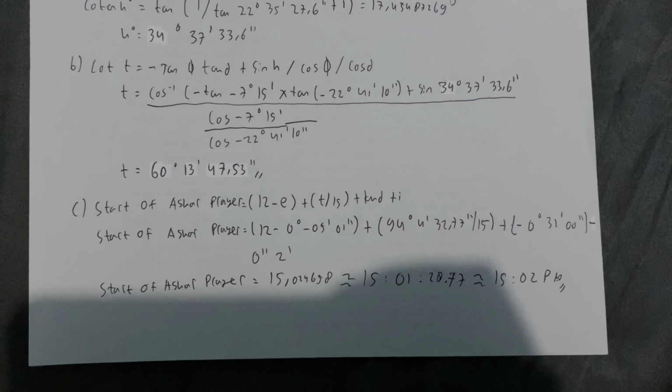So based on the calculation between the Sundial method and the Falaksari method, we can conclude that in Surabaya on the 4th of January 2022, the Zuhur prayer starts at 11:35 AM and the Asar prayer starts at 3:02 PM.